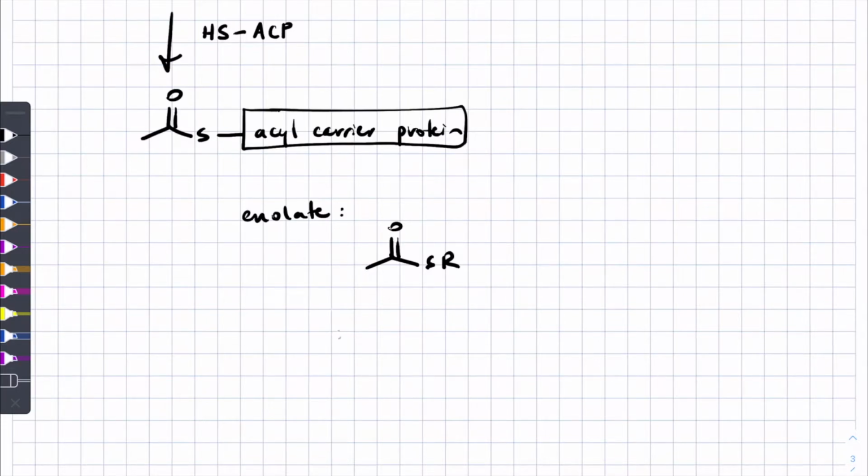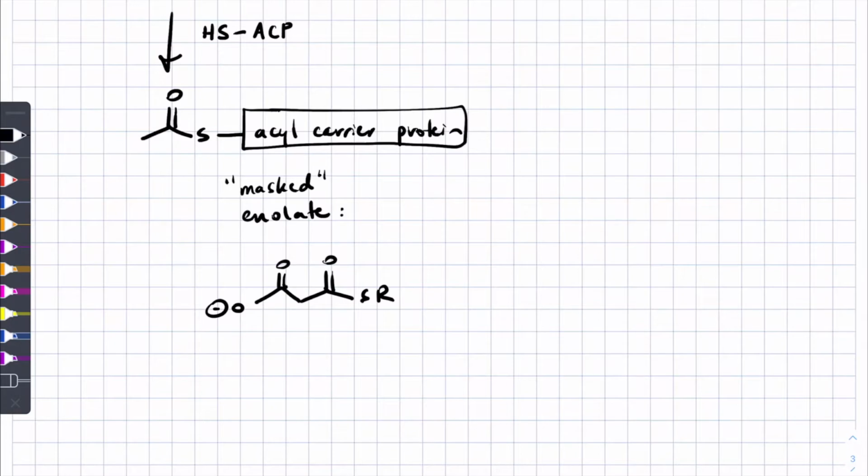But instead, for reasons I'm not sure I understand, nature uses what we're going to call a masked enolate. What do I mean by that? Well, it's going to use this 3 carbon unit, and this is called malonyl CoA, or a malonyl thioester.